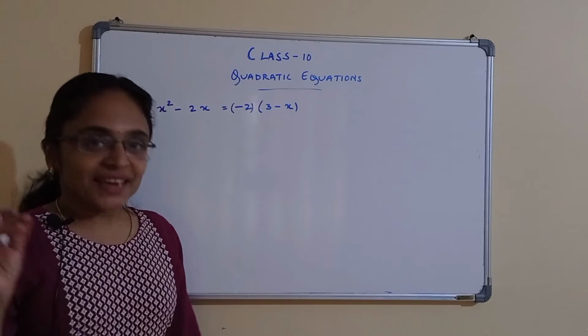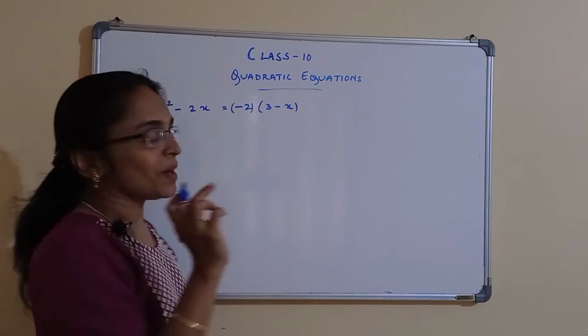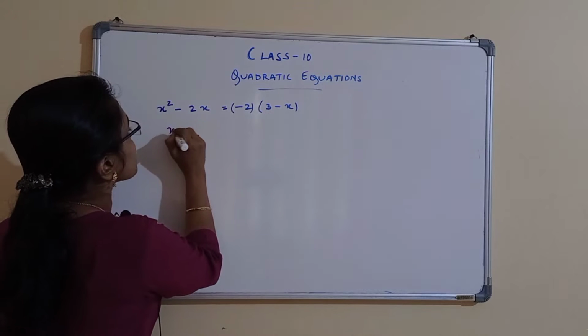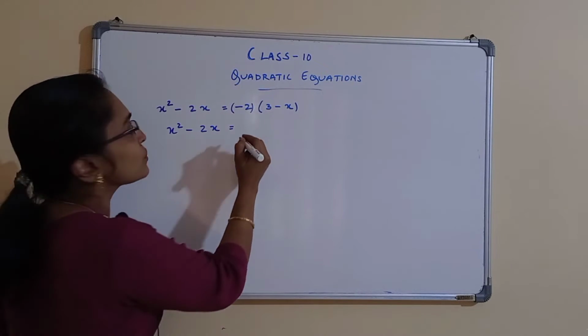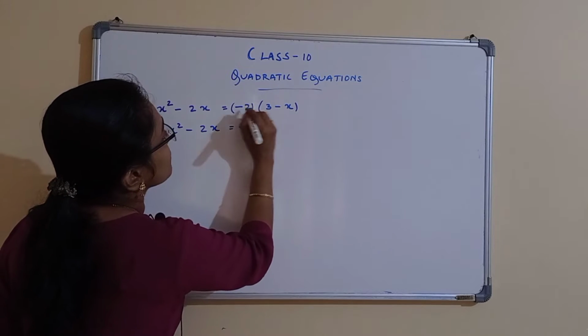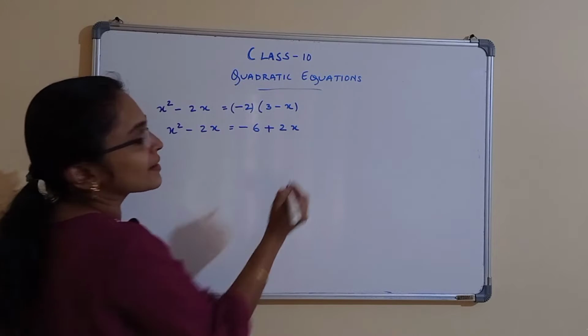Okay. Next one is x² − 2x = −2(3 − x). So we can write this as x² − 2x = −2 into 3, which is −6. Then −2 into −x is +2x. Right?